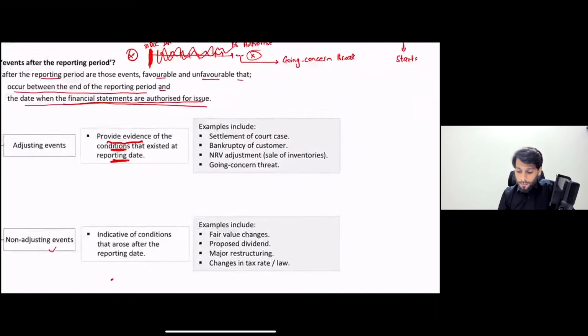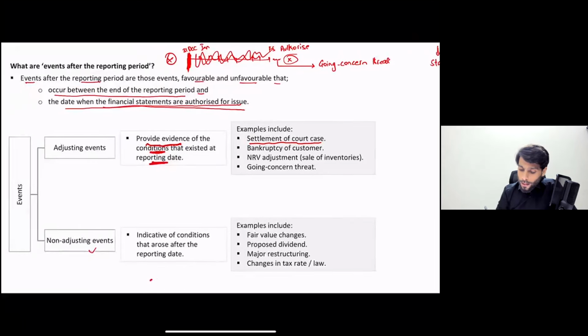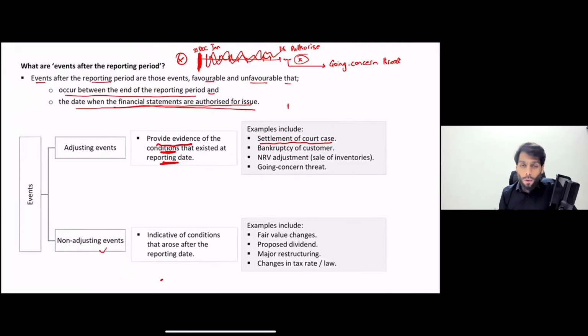Look at these. One example that IAS 10 gives you of adjusting events is the settlement of a court case. We are also going to see a question like this, but I'll just build up the scenario, which can support our upcoming question. For example, at the end of the reporting date, there was a court case already in process.